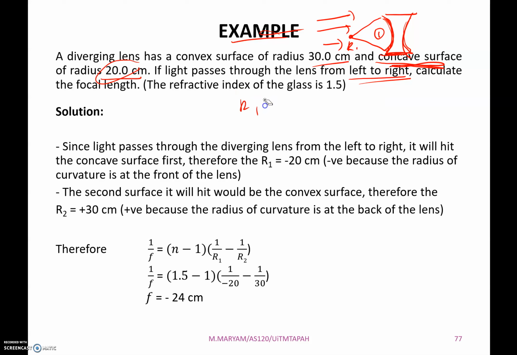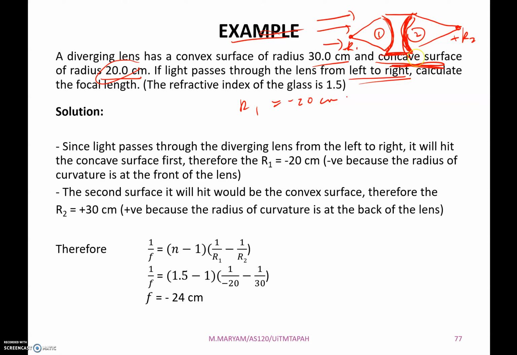For R2, that will be the second surface it hits. This is the second surface, and it is a convex surface, so the radius of curvature is on the inner side. This will be my R2. Since it's at the back of the lens, the value will be positive.